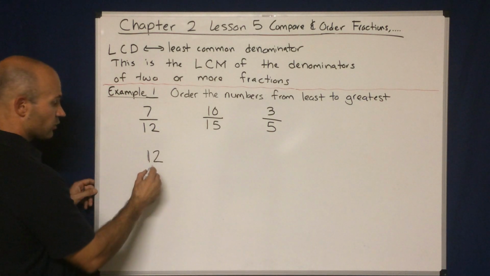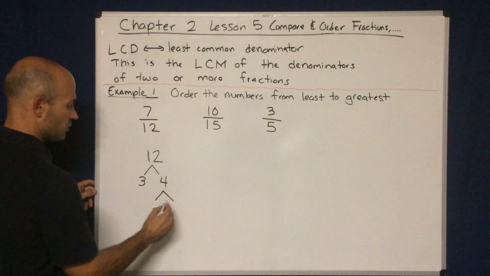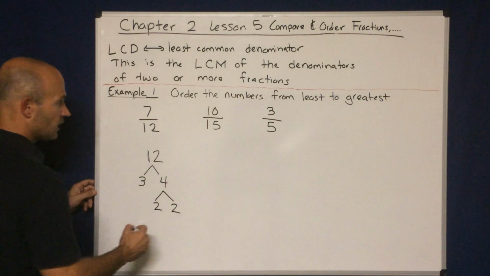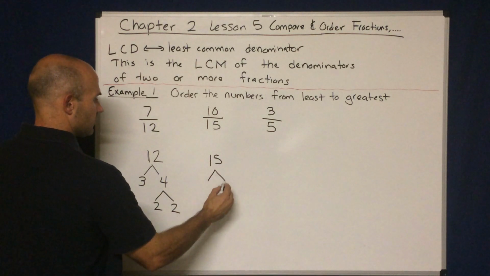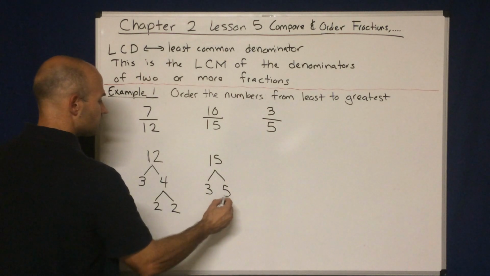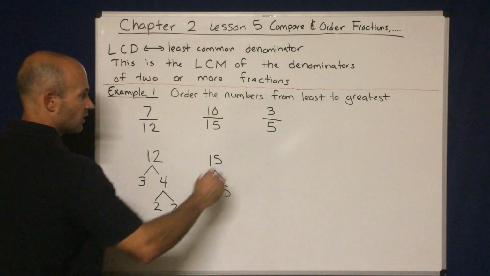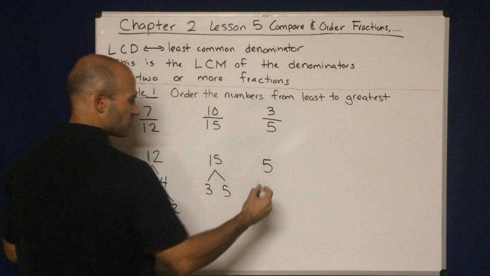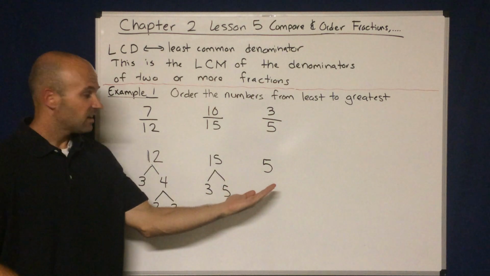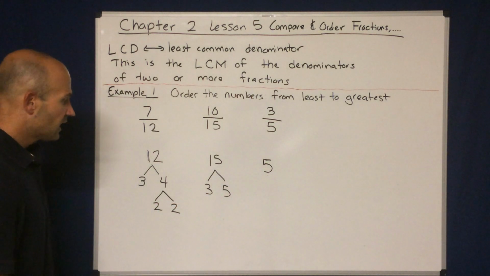So I'll build the factor tree for 12 first. 12 is 3 times 4, and 4 is 2 times 2. 15, so my next denominator, is 3 times 5. I can stop because both 3 and 5 are prime numbers. My last denominator, 5, is itself prime. So its factor tree might look a little funny, but that's it. And because 5 is a prime number, this is the factor tree for the number 5.